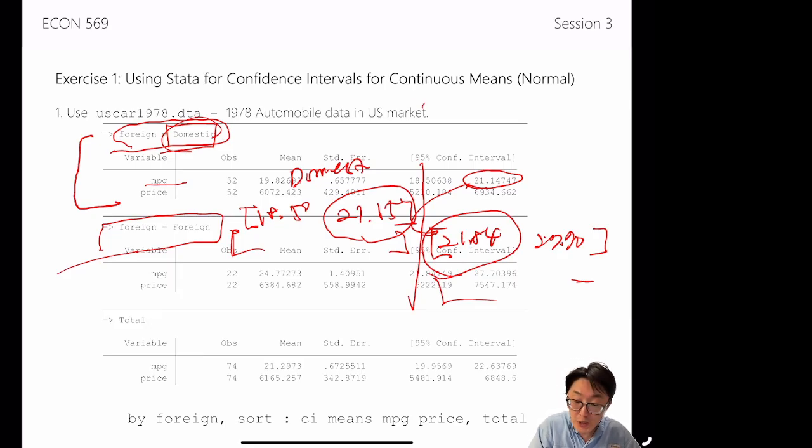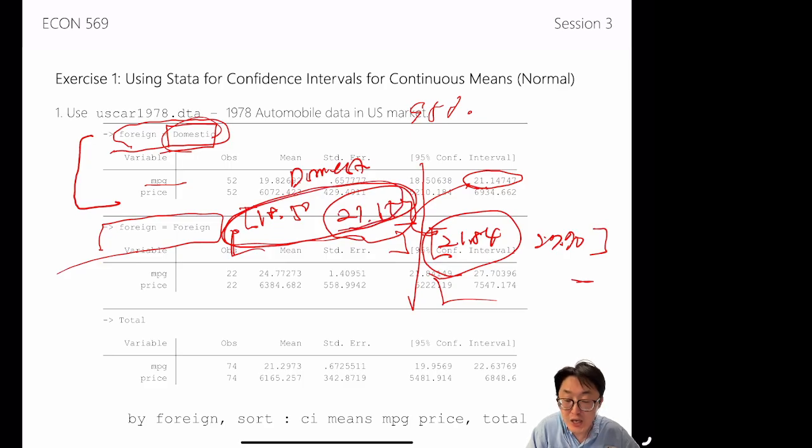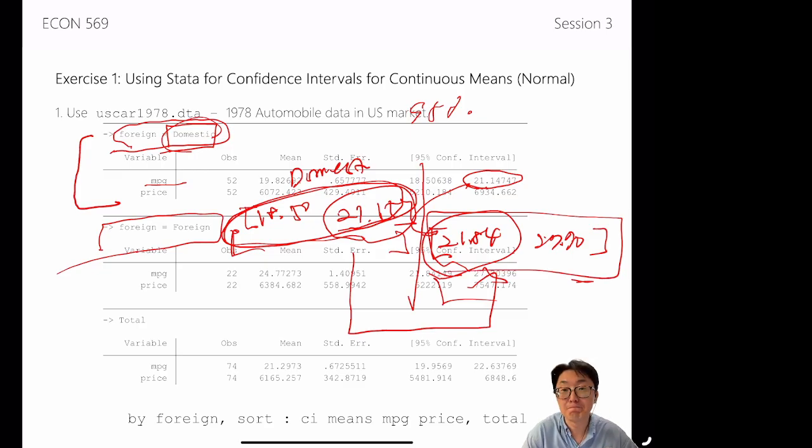Which means with 95% confidence, this domestic car's MPG is absolutely lower than foreign cars. So you can see that if you are buying a foreign car, then you will have better fuel efficiency in terms of higher MPG.